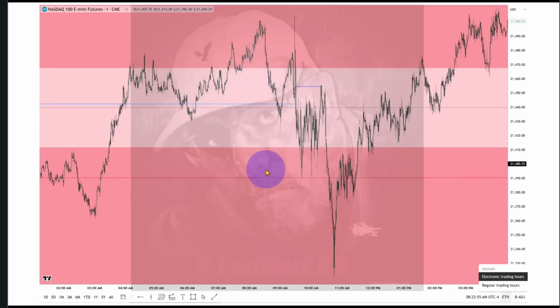If we're looking at how the market trades from regular trading hours and electronic trading hours, you have to look at the stops that are there. You have to look at how the market delivers to inefficiencies, from inefficiencies to liquidity, from liquidity to inefficiencies. And stripped down, let's just say you were looking at just the electronic trading hours only, and you didn't even refer to regular trading hours.